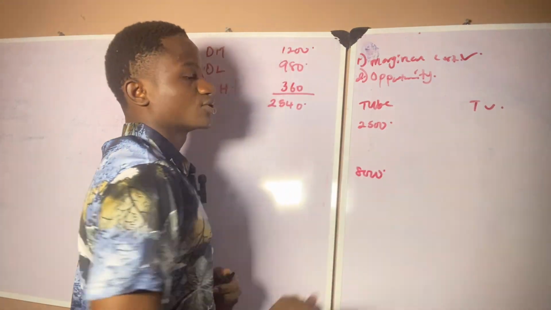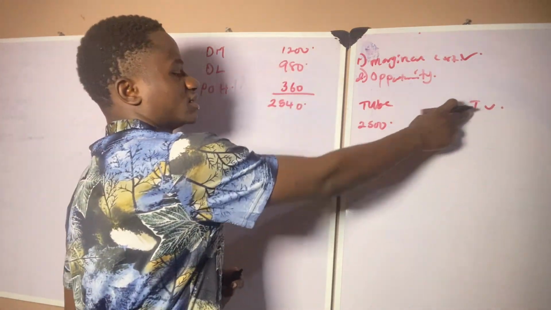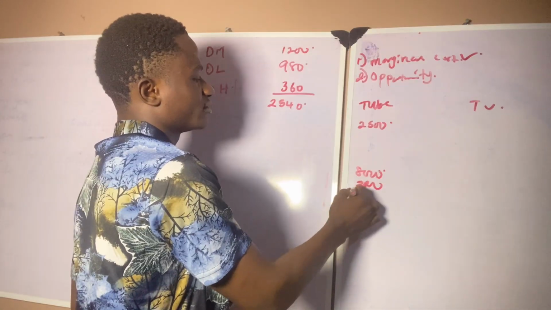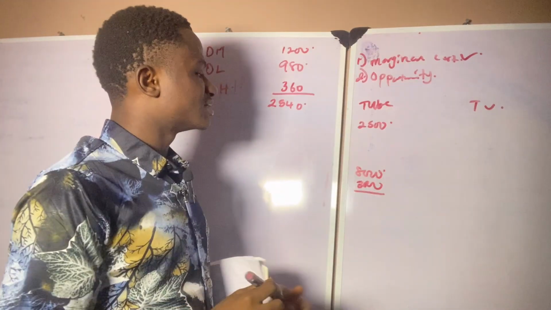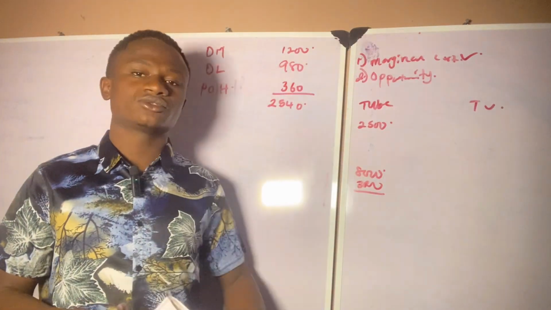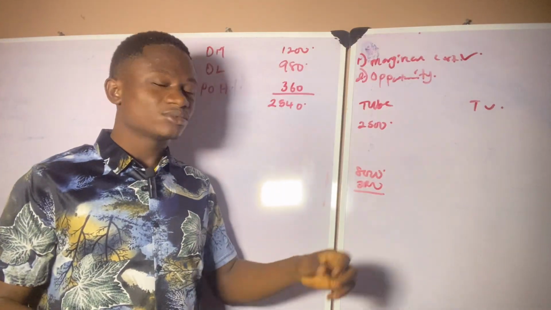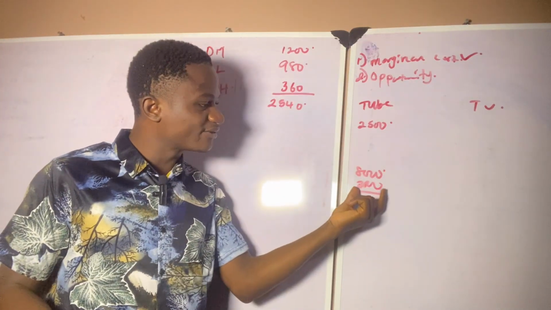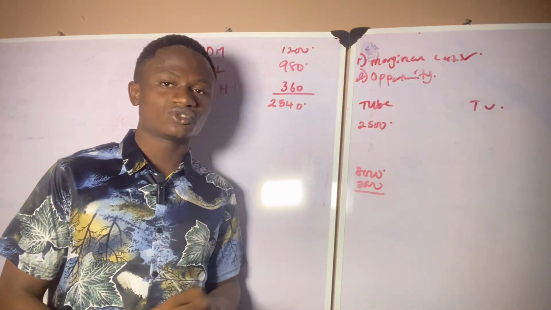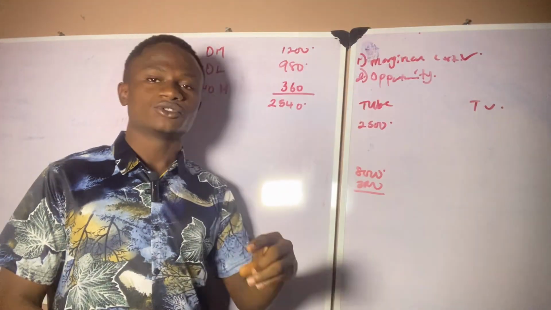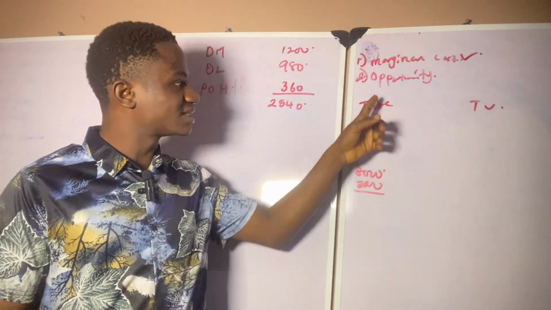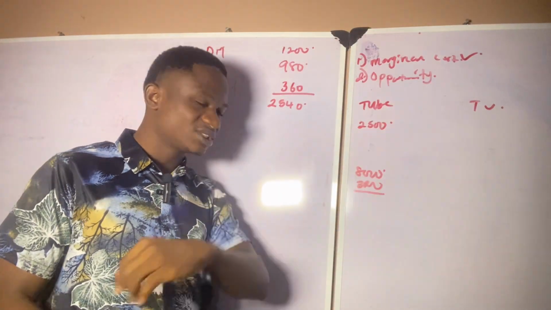But now because he wants to supply to the TV division, he has to reduce this by 3,000 tubes. So we need to calculate the contribution of this 3,000 tubes, because that is the amount this tube division will earn from these 3,000 units, and that will be his opportunity cost. So what is the amount he is losing for not producing those 3,000 units?